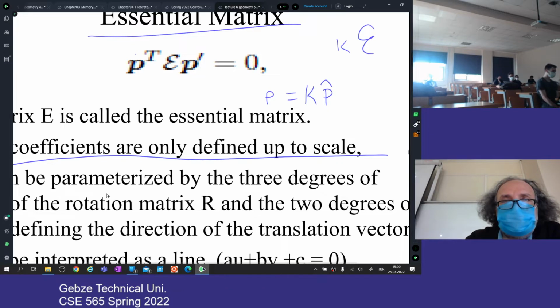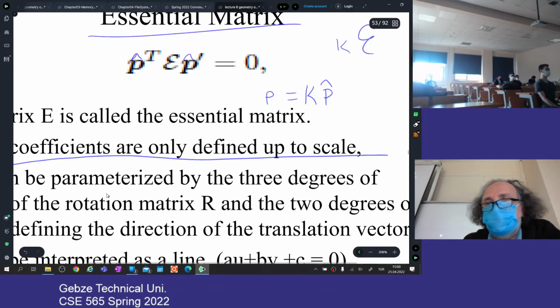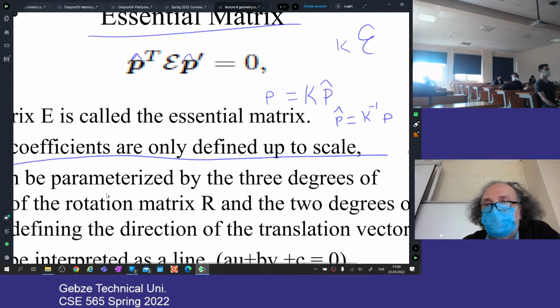Well, let's say these are P hat and P hat prime. So maybe instead, I can say P hat is equal to K to the minus 1 times P, right? Good, I can write it. Also, P prime hat is equal to K prime minus 1 times P prime.